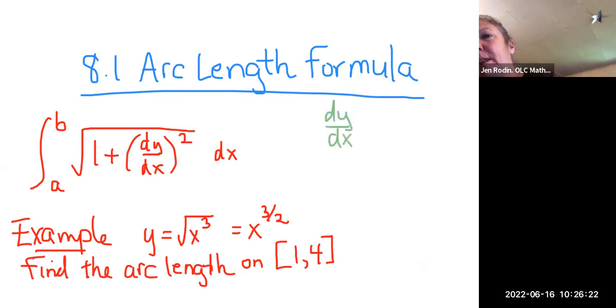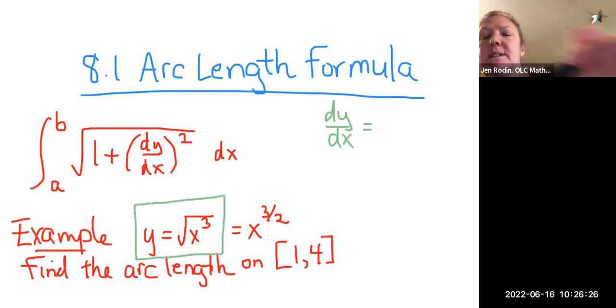Sometimes it's not explicitly defined, so sometimes you have to do implicit differentiation on these when they get more complicated. We're not going to go there into the heavy complication ones, but we could. You all have the skills to do it. You all act like you're a big group, that big group of yours.